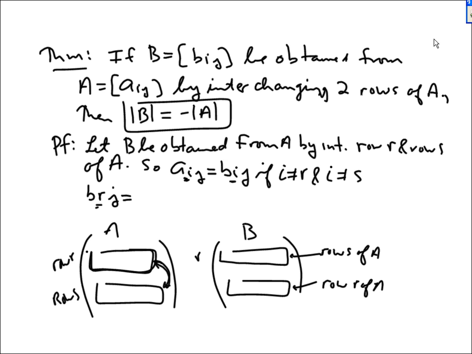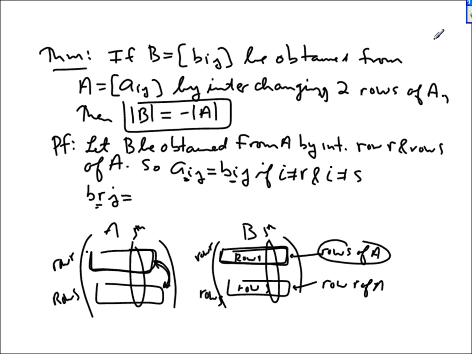So, this is row R. Make it really clear, and that's row S. But these entries are the entries from row S of A. The columns didn't change. If this is the Jth column, well, fine, it's the Jth column.